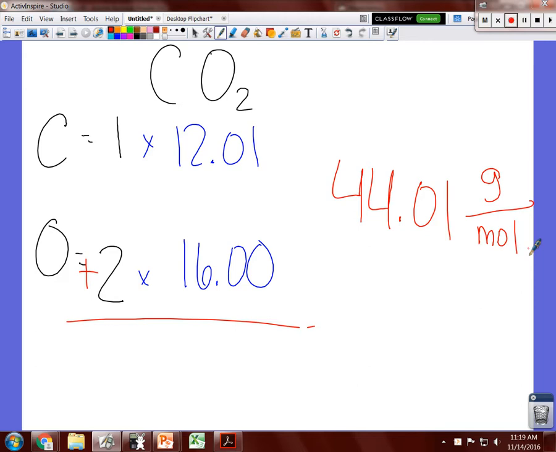then how much would this mouse weigh? I just said it's 1 mole. How much would it weigh? 44 grams. If this mouse is 1 mole of carbon dioxide, then it has to weigh how much? 44 grams. So let's think about this logically for just a second.